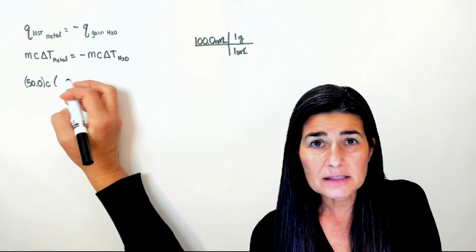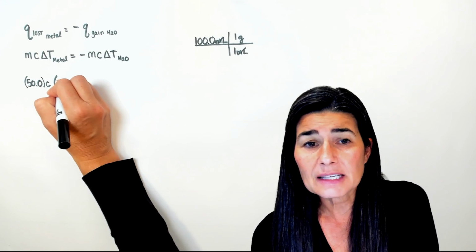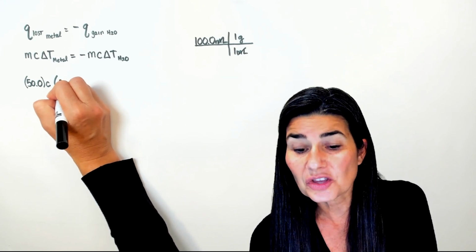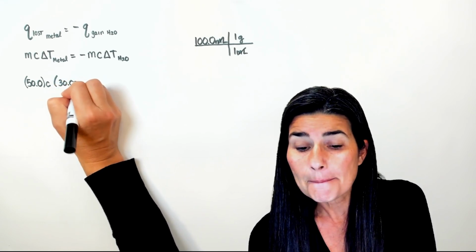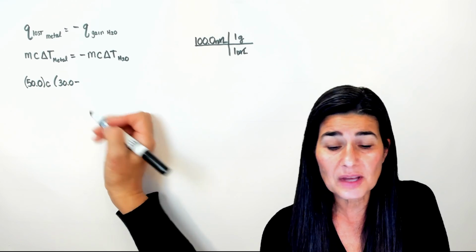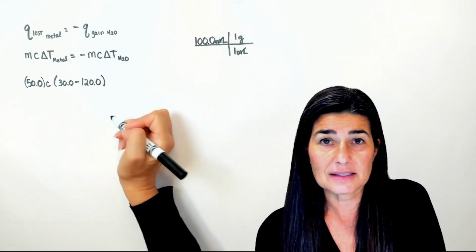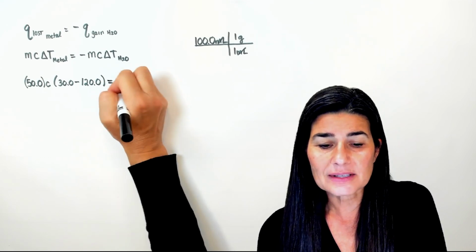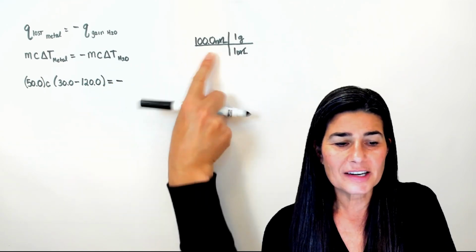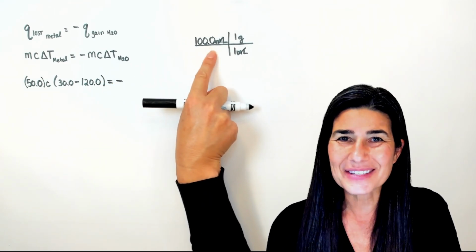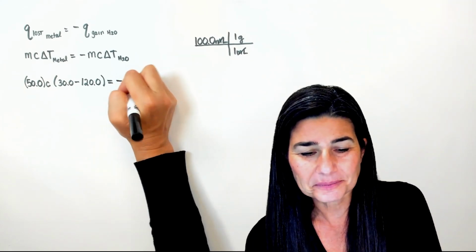So our final temperature was 30 degrees Celsius minus the initial temperature, 120 degrees Celsius. That equals negative. Mass of our water, we already established that was going to be 100 grams.